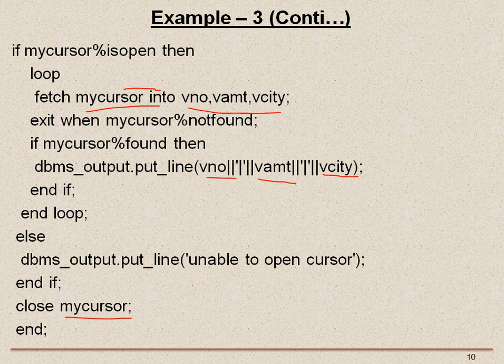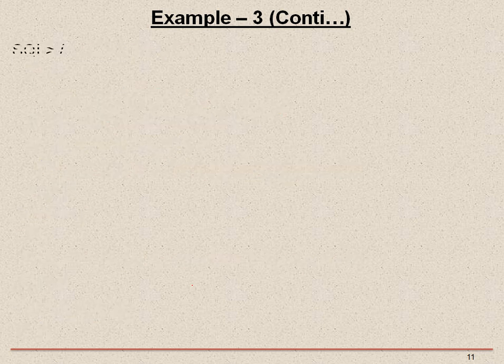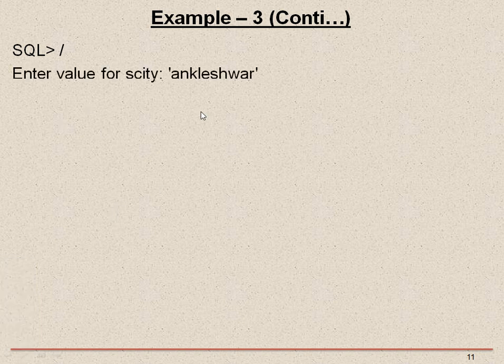Now I am firing this with execution, and the first time it will ask for a value for SCT, because we are taking input from the user. Let's say I'm providing the city name Ankleshwar.